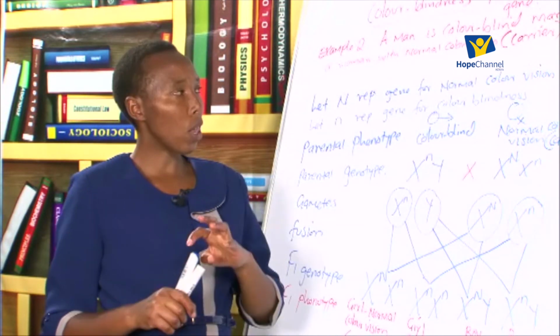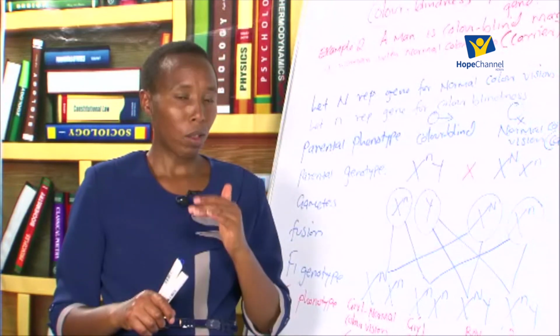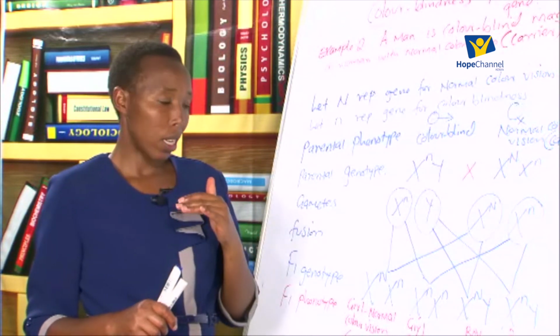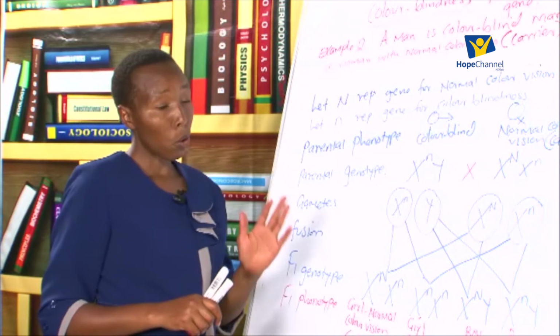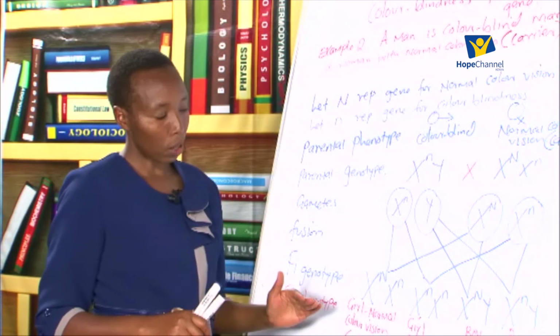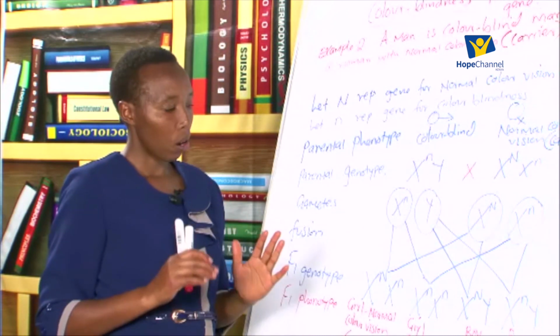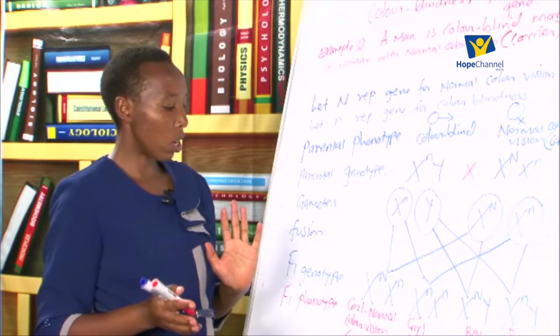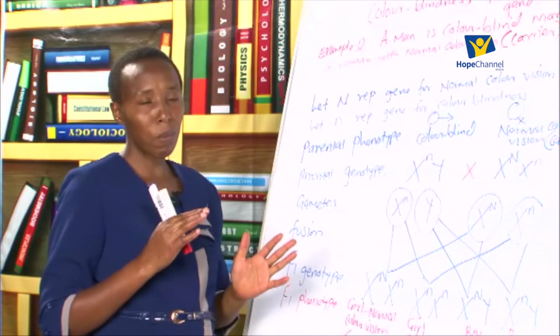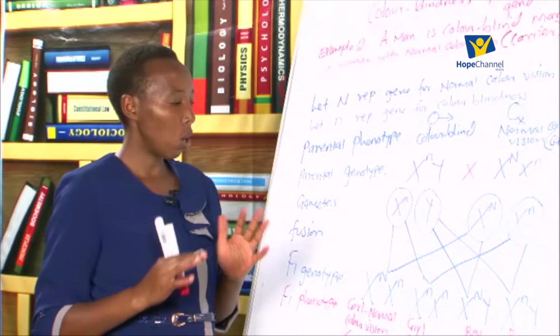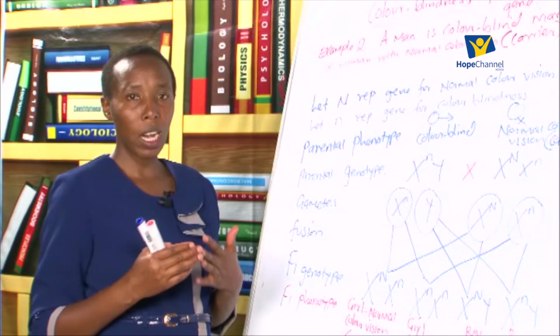Then once you do that genetic cross, I want you to try and do it up to the F1 phenotype. Then go beyond that, try to do the ratio. What ratio? If they get the children who are hemophilic or who have normal blood clotting, get me the genotypic ratio, get me the phenotypic ratio.